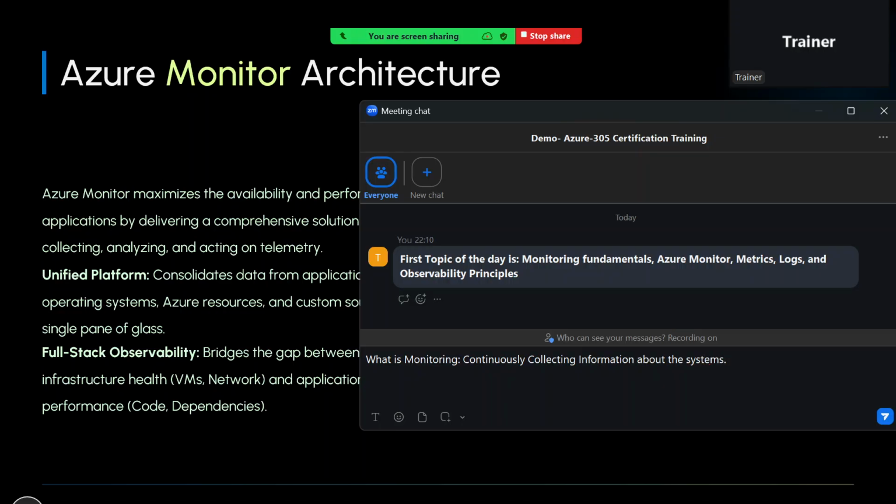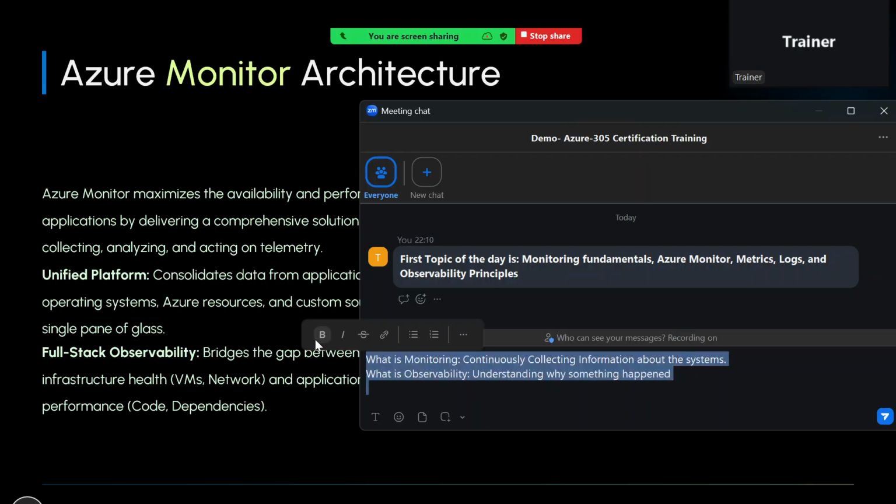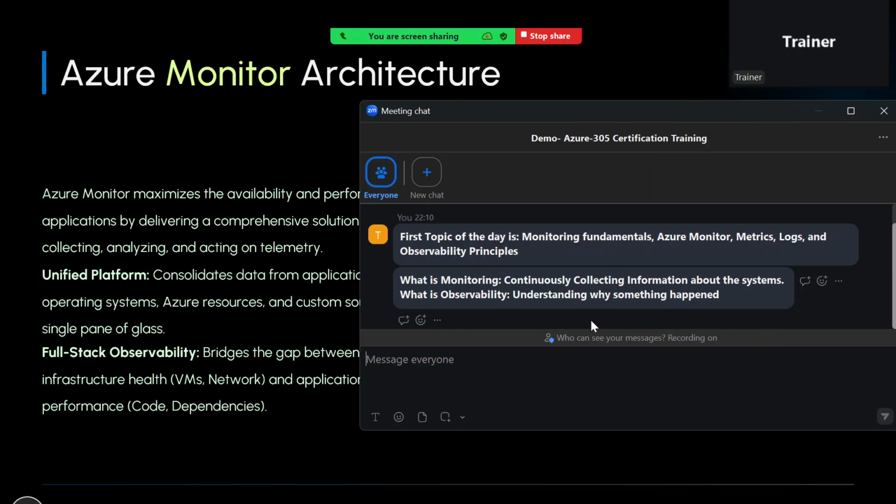And observability means understanding why something happened. These are the basic differences between monitoring and observability.